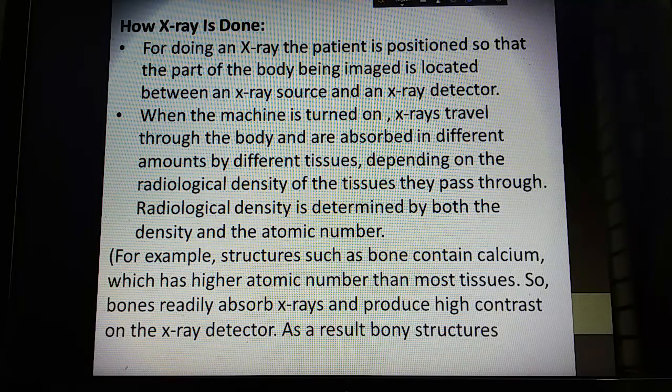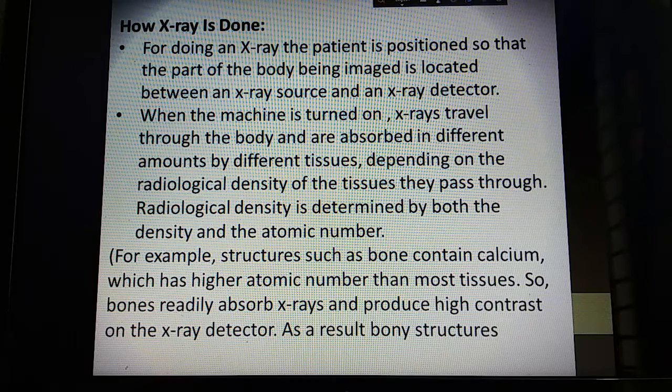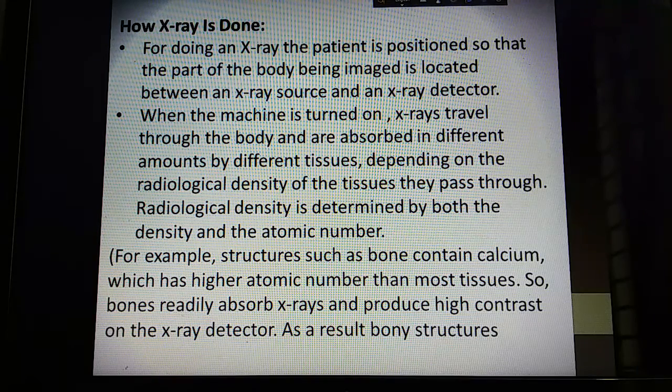Radiological density is determined by both the density of that part and the atomic number. So which portion of the body has higher radiological density and absorbs more X-rays? For example, structures such as the bones of our body contain calcium, which has a higher atomic number than most other tissues of our body.